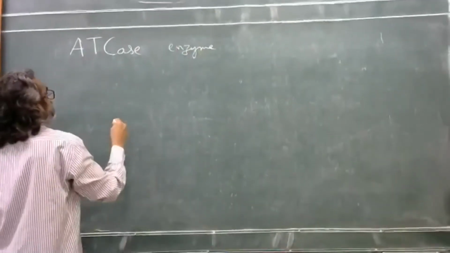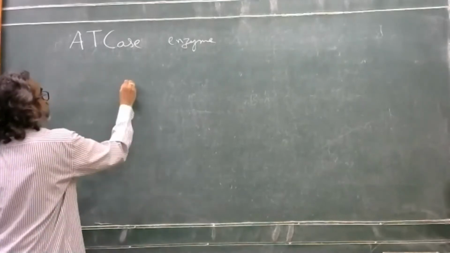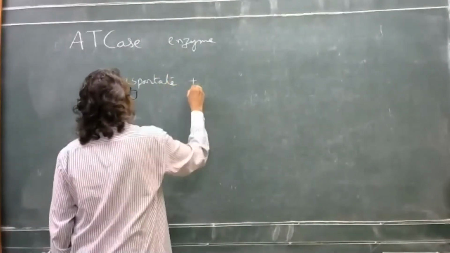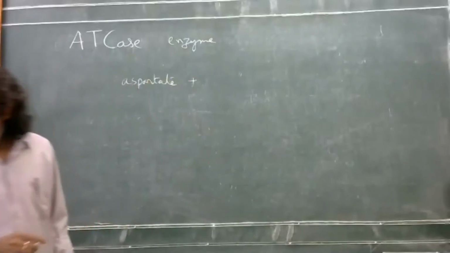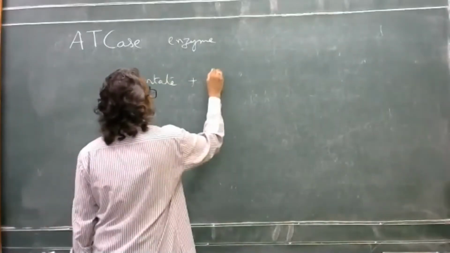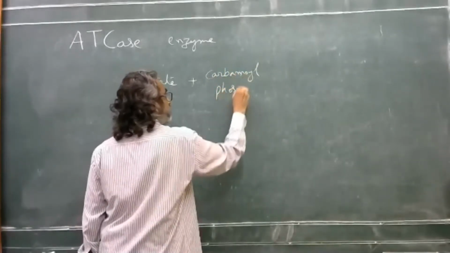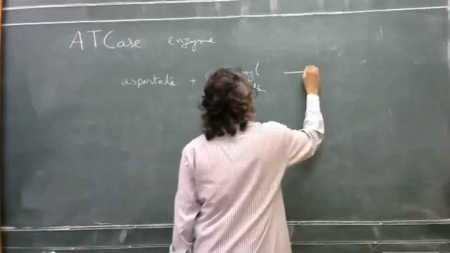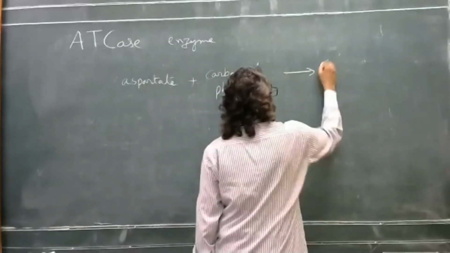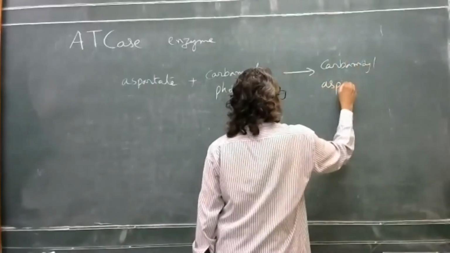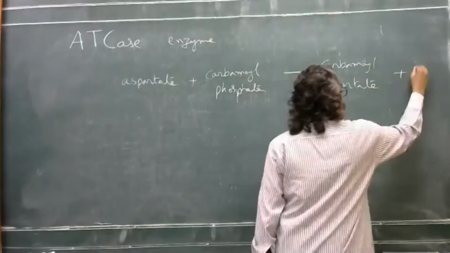It takes aspartate, an amino acid, and combines with carbamyl phosphate, and then gives rise to carbamyl aspartate plus an organic phosphate.